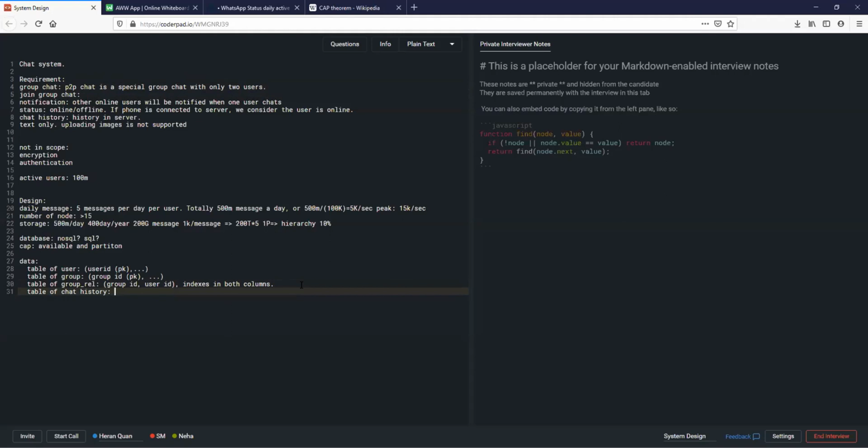Because we might want to have peer-to-peer as separate. Peer-to-peer can be separate, and we can decide that we don't want to store the history, and that will be very simple.